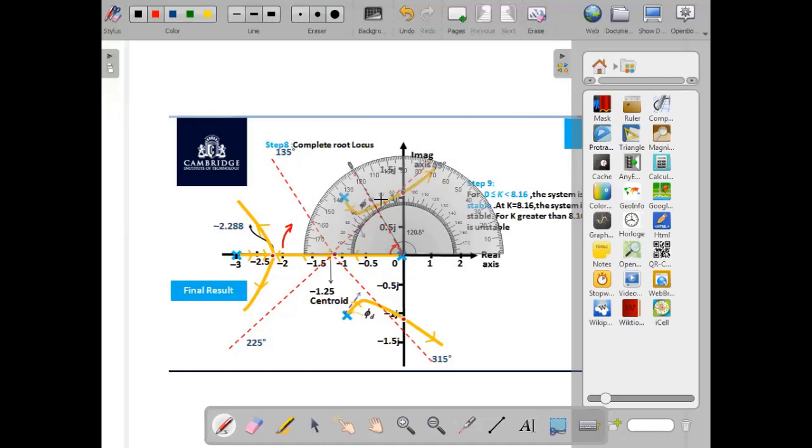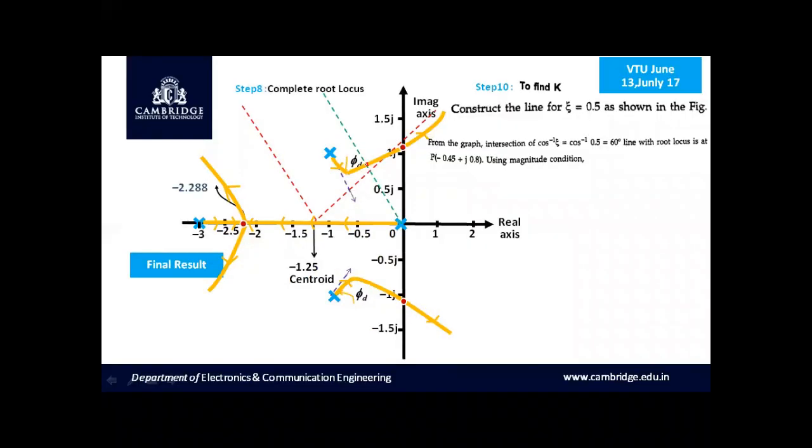Let me represent it as P. This angle theta has intersected the root locus exactly at this point, and let me mark it as P, and now we have to determine the value of P. So let us find the point of intersection from the real as well as imaginary axis. It is very clear that this line is intersecting exactly at a point P at minus 0.45 plus j 0.8.